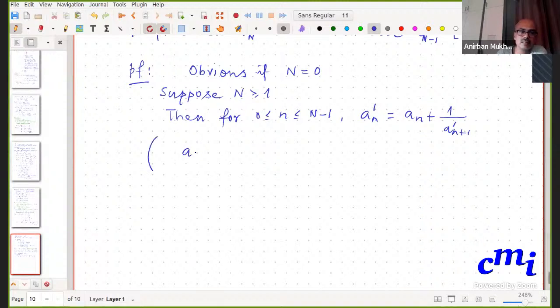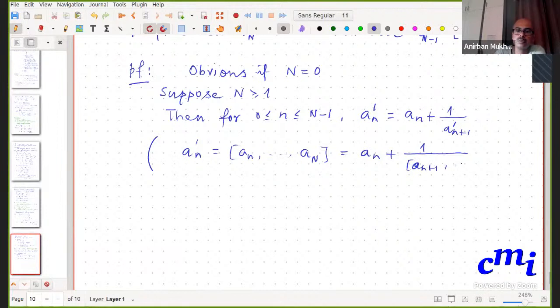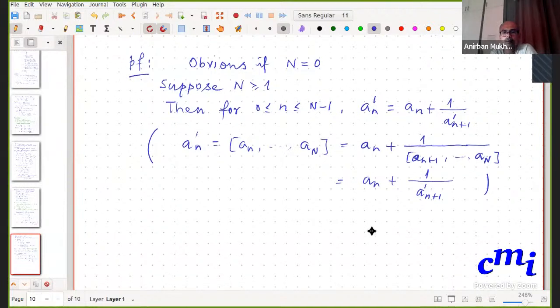That's obvious, right? Because a_n' is just this, a_n. If you take a_n out, then you can write it as this, a_n plus 1 over the (n+1)th complete quotient. So this is what we have.